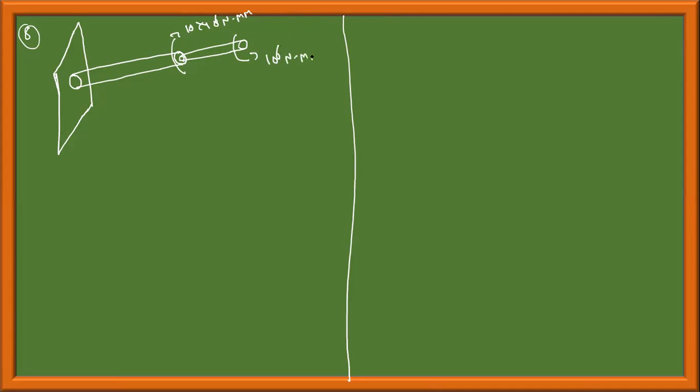Therefore, to be consistent, we should maintain mm. Diameter at this end is 100 mm. Diameter here is 50 mm. This is section A, B, C. This is fixed. This length is 5000 mm, and this length is 3000. Also, you should convert length into mm.